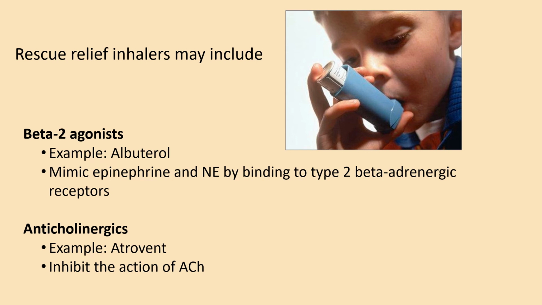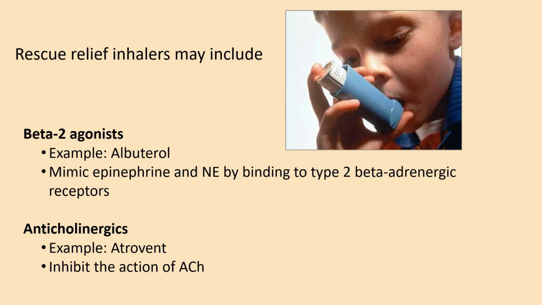A beta-2 agonist, here's an example, is albuterol. What a beta-2 agonist does is it mimics epinephrine and norepinephrine. So you remember that word agonist. An agonist is a competitor for a signaling molecule. When that agonist binds to the receptor, just like the original signaling molecule, it also activates the receptor and brings about the change in the cellular behavior.